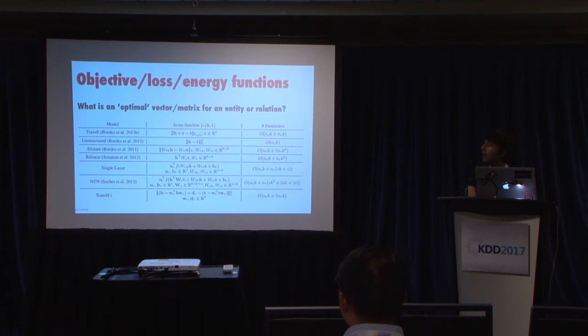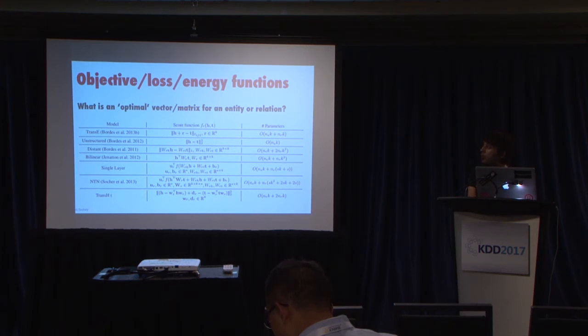They all use different objective functions. The very first one, TransE, tries to minimize the L1 or L2 distance, depending on which you choose as a parameter, of head plus R minus T. That means the distance between the vector for the head plus the vector for the relation and the vector for the tail entity is minimized.